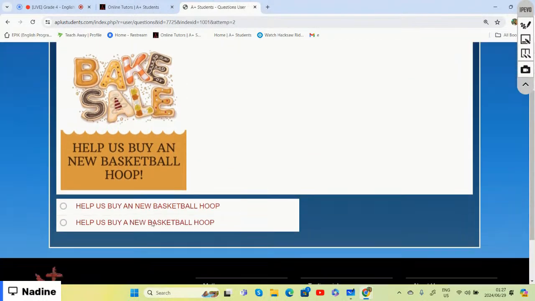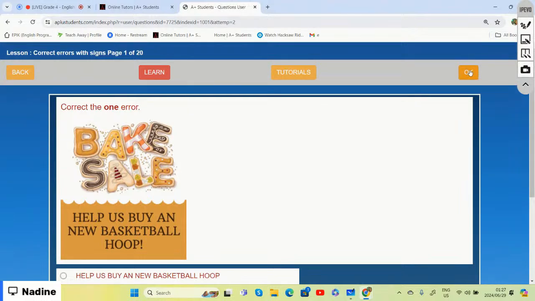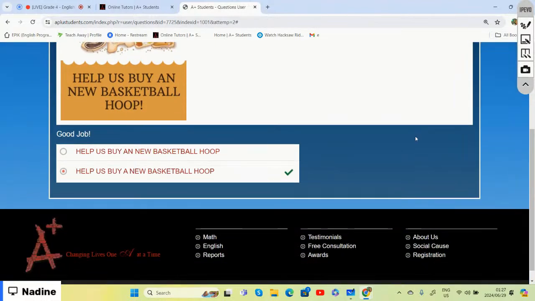So we're buying a basketball hoop. Well done. Option two is correct.